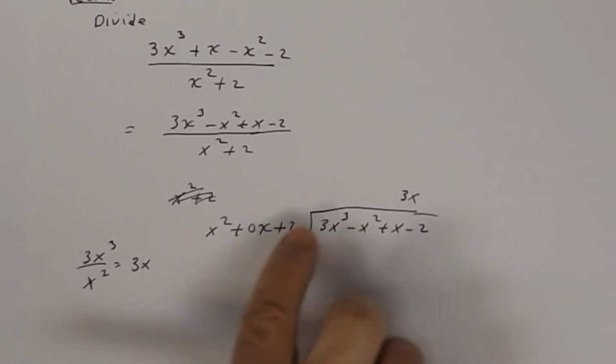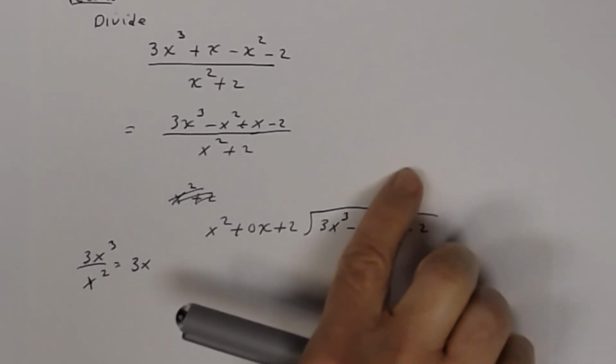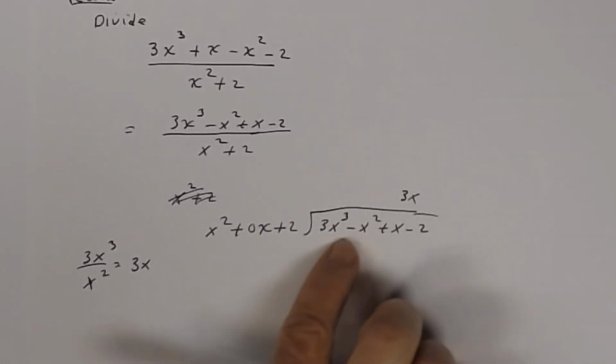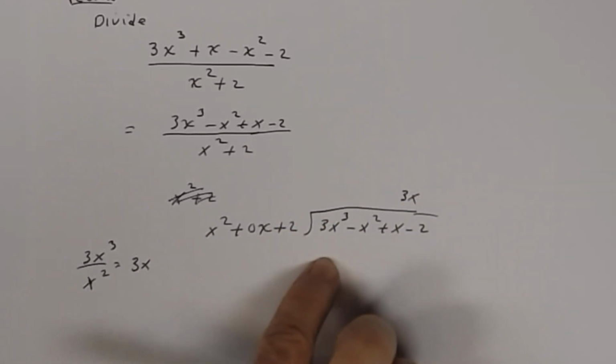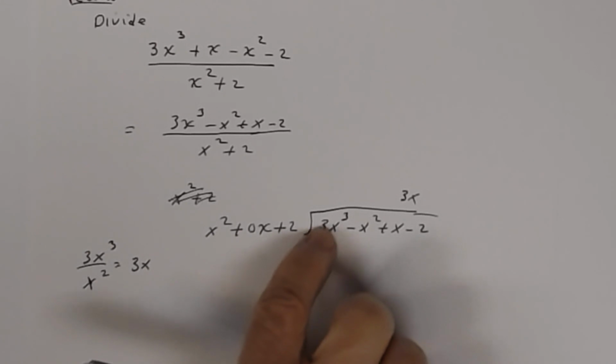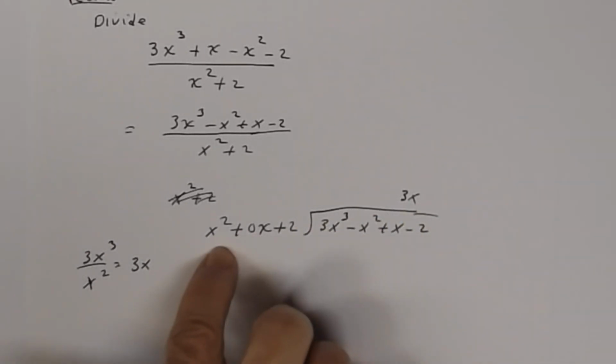Now you're going to multiply. Remember, if you're doing this correctly, when you multiply this times your divisor, the first thing you write here better be the same as the first term in your dividend. All right, so 3x times x squared.